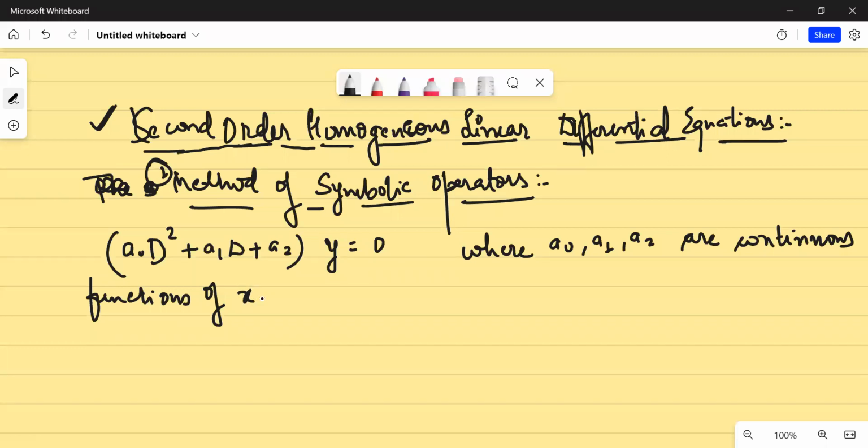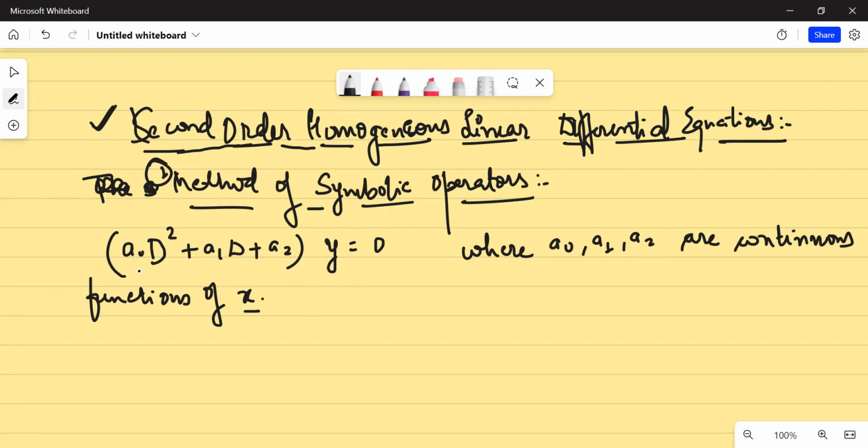If I want to solve these differential equations, the solutions to these homogeneous linear differential equations, I can extend this entire idea to nth order also. But right now I'm sticking to the second order linear differential equations only.